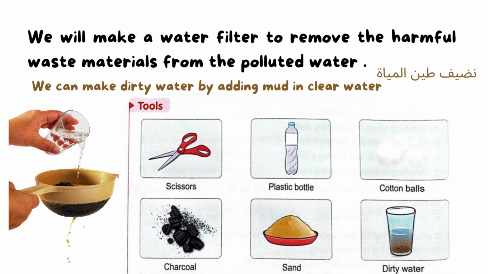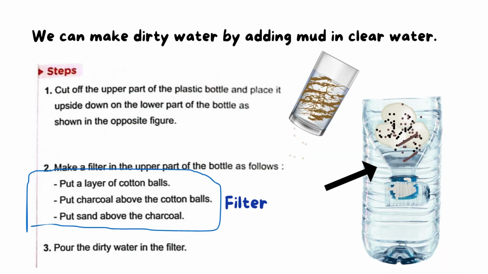So now we have dirty water. So we need tools like scissors, a plastic bottle, cotton balls, charcoal, sand, and dirty water that we made by putting mud in clean water.